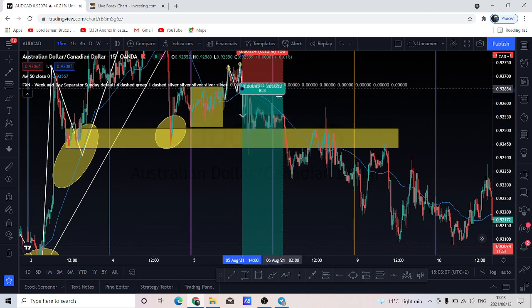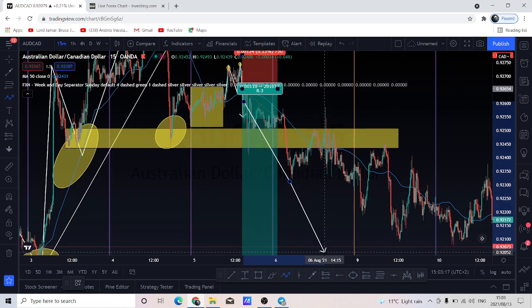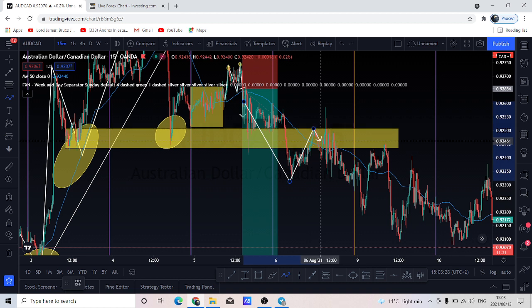So I saw a break, boom, and then in the London session, the market went up. As you can see, even the time here says it's 11 a.m. South African time. So this push was just coming in the London session. That was the first leg of the M, and then I was expecting the second leg.